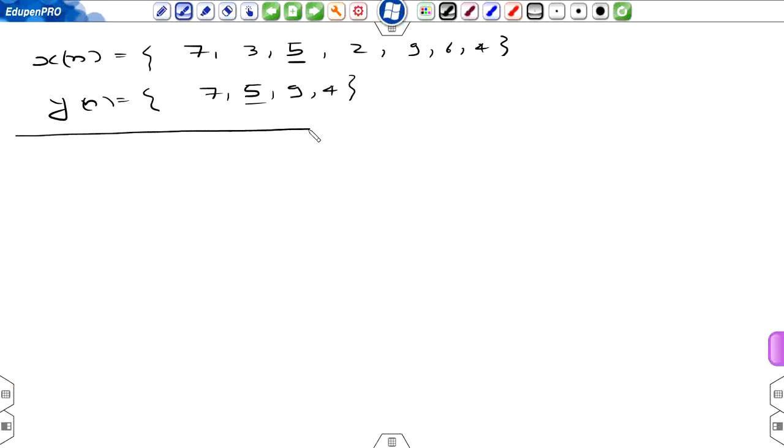Okay, so we can represent this series x[n] and y[n] in Z transform also.